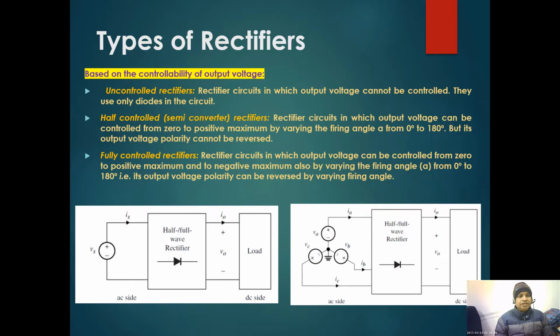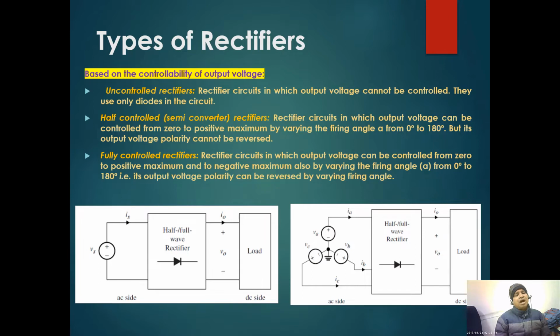The second one is the half controlled semi-converter circuit, where you can control the output by varying the firing angle from 0 to 180, but we cannot get two polarities. In fully controlled rectifiers, the output can be controlled by varying the firing angle from 0 to 180 degrees, and the output can be reversed.